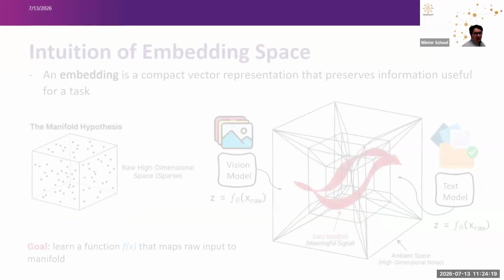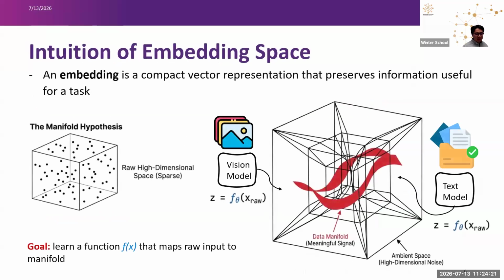So from the modeling perspective, what we are going to do is dig out the information we need. This is how we bring in the concept we call embedding, which is really important.